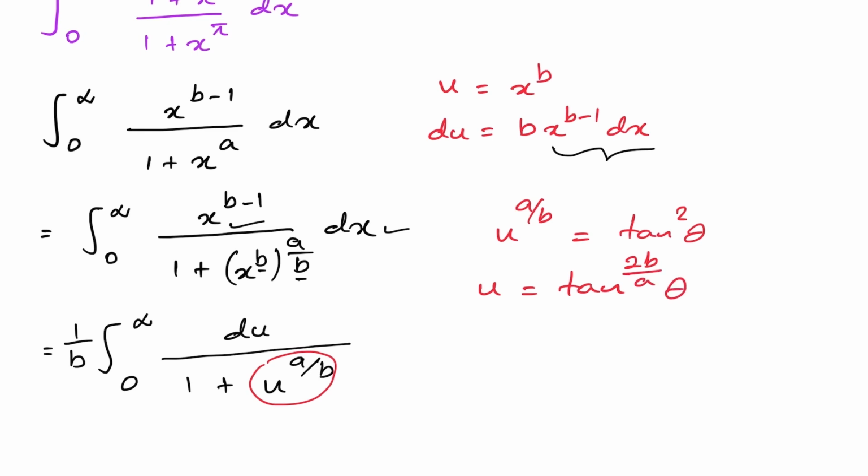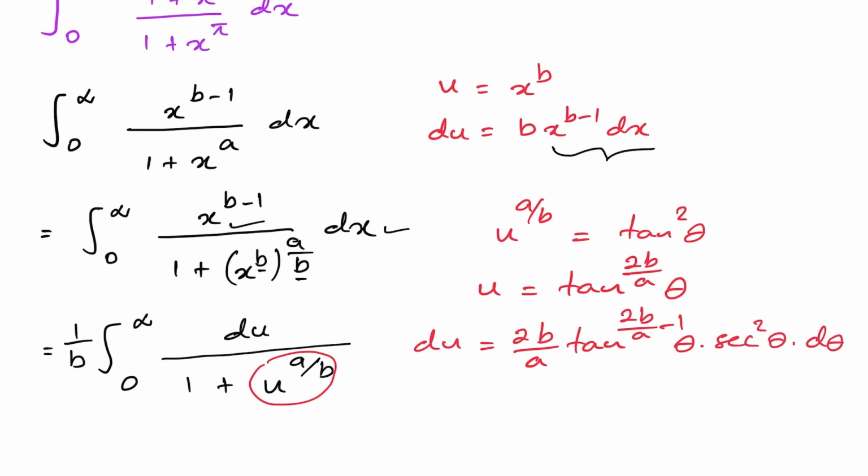Then let's differentiate: du is equal to 2b over a tan raised to the 2b over a minus 1 of theta, and according to the chain rule, the derivative of tan theta is secant square of theta d theta.